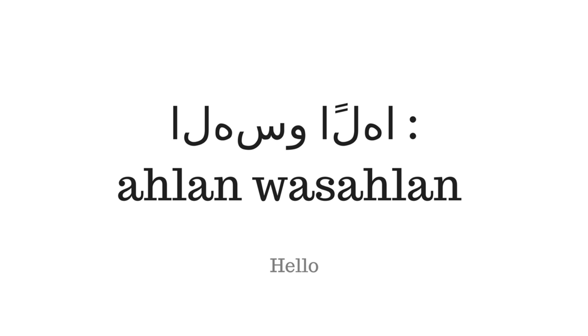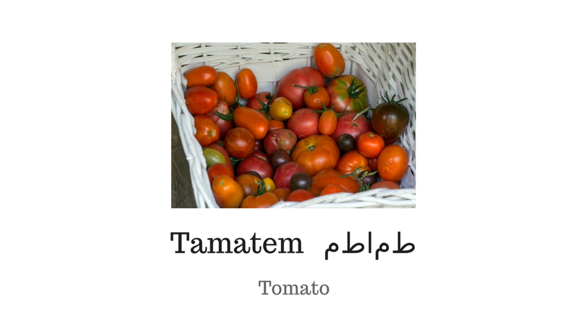Today we're going to be talking about three vegetables in Arabic. We're going to learn together. So the first vegetable is tamatim, which is tomatoes. However, tamatim is the formal Arabic.